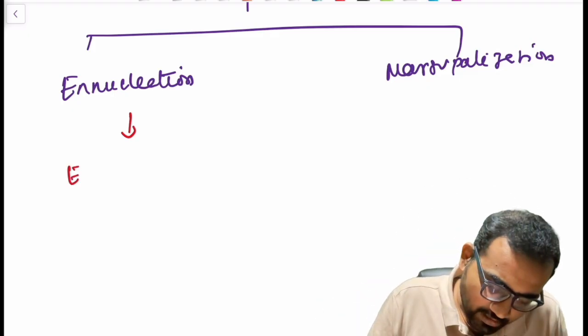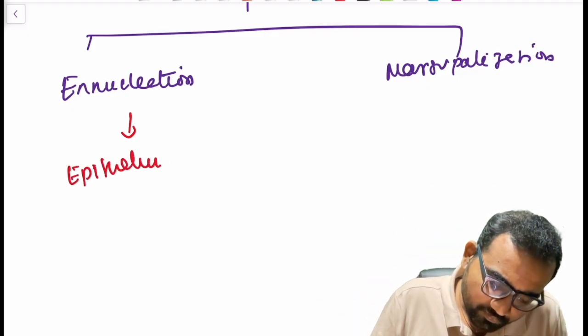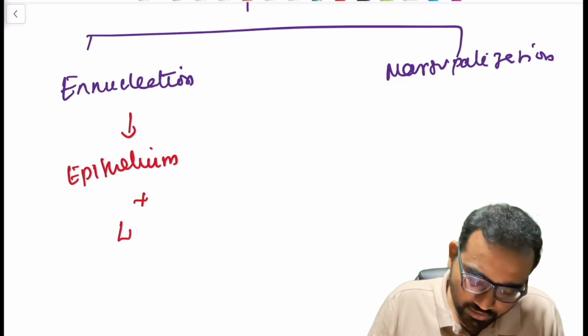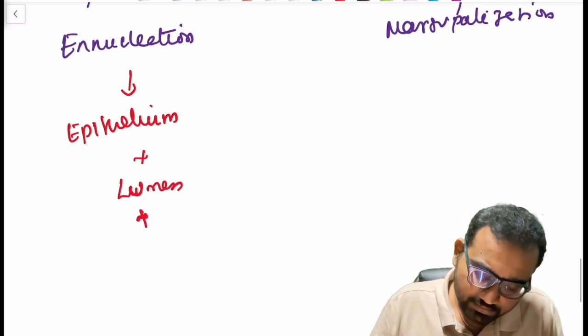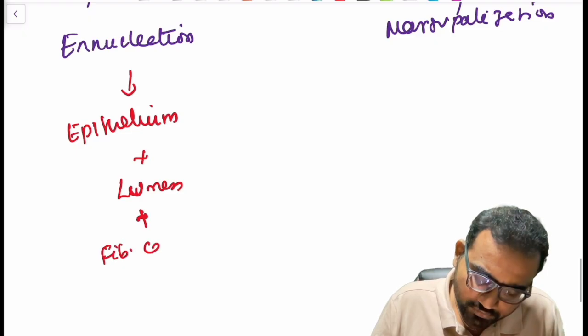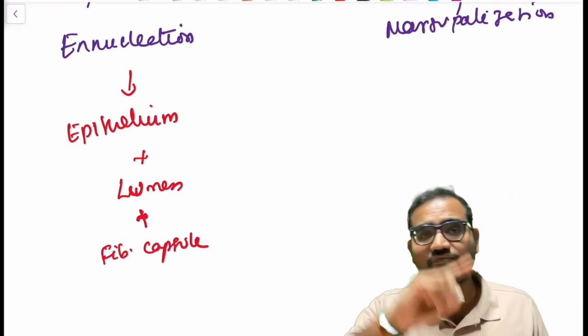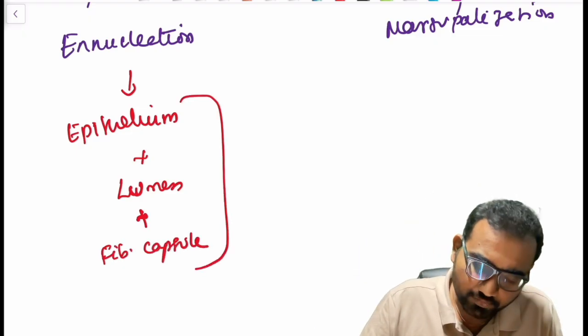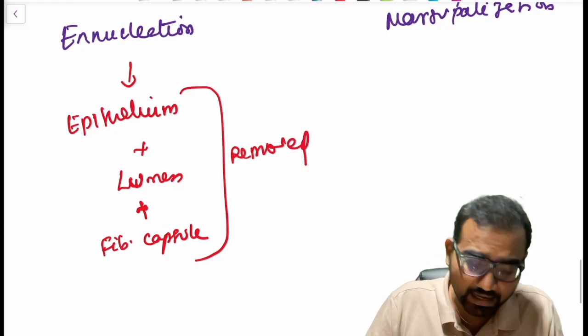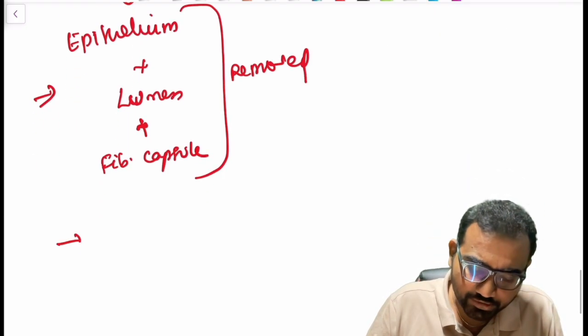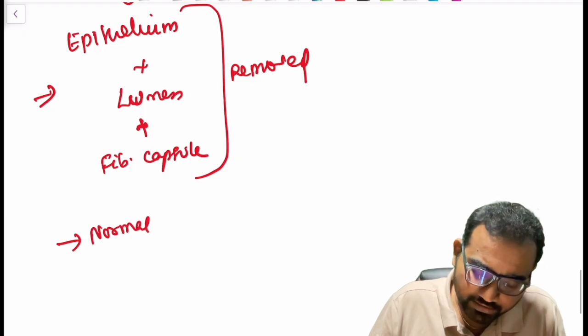So here epithelium plus the lumen plus the fibrous capsule, everything is removed as a whole. I am not touching the normal tissue. Normal tissue is untouched.